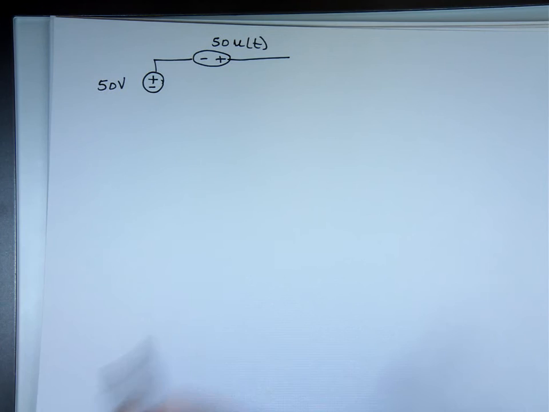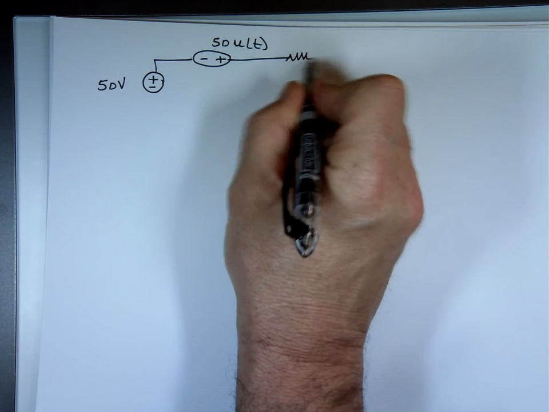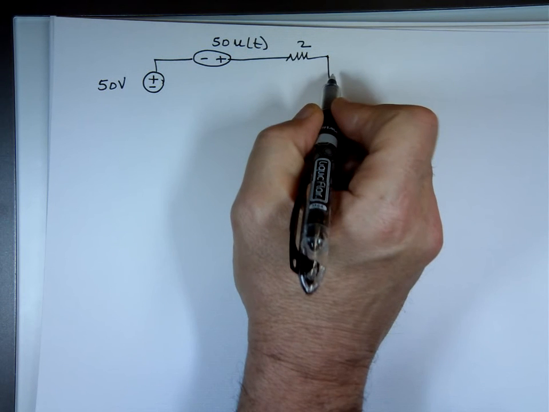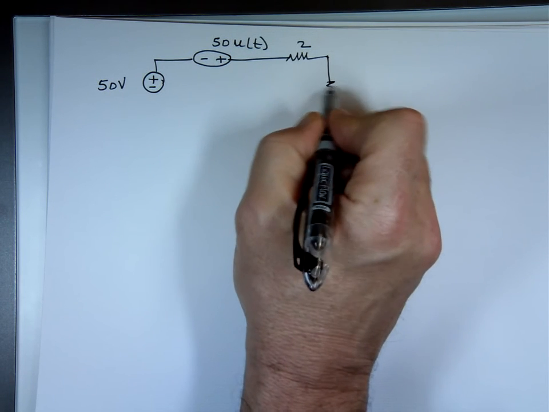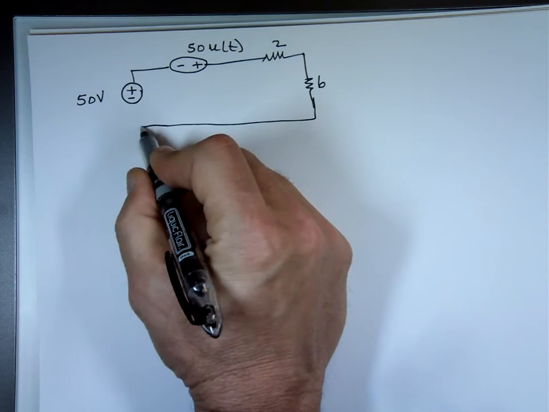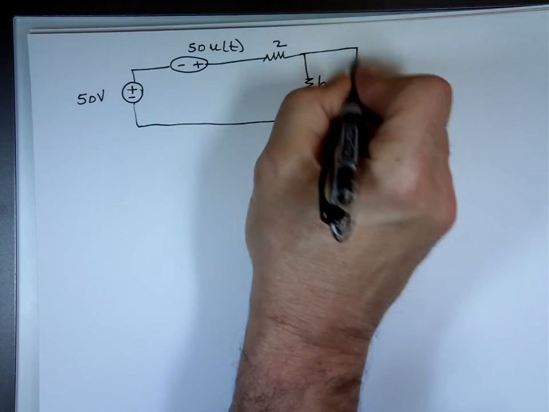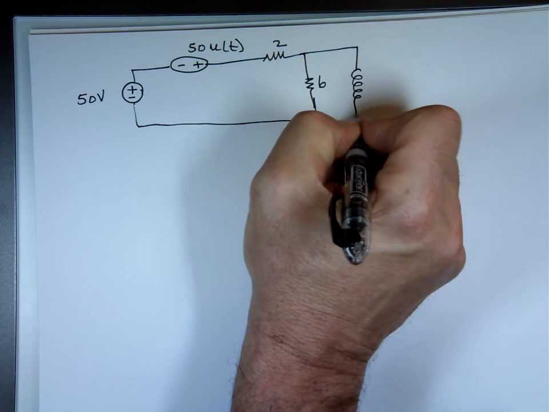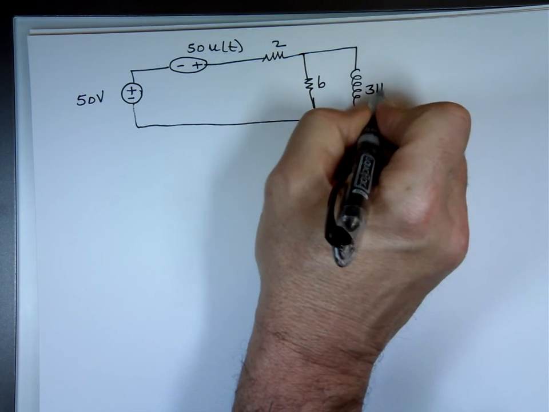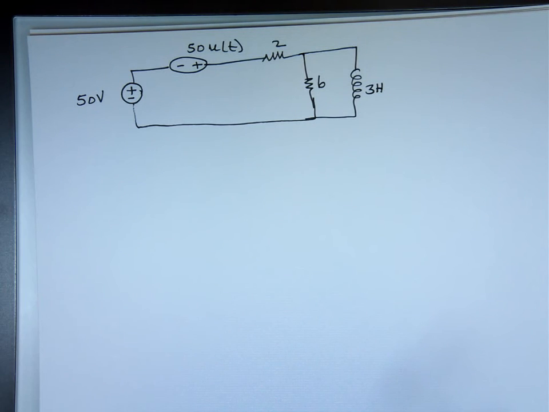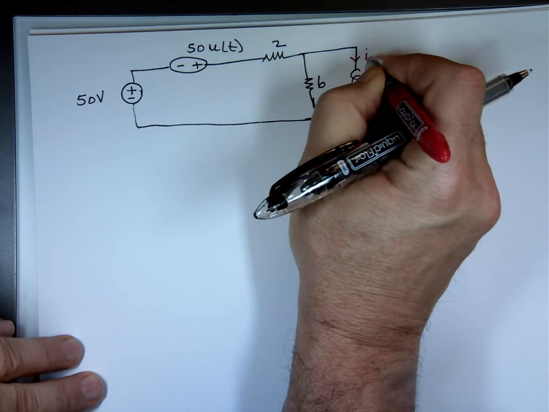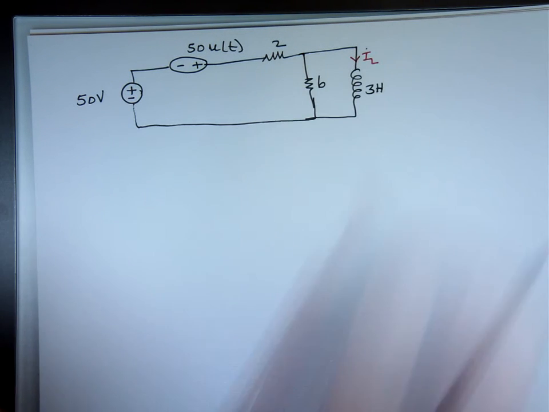Two ohm, six ohm, and let's have an inductor here of 3 Henry. And now I want to find the current through the inductor.